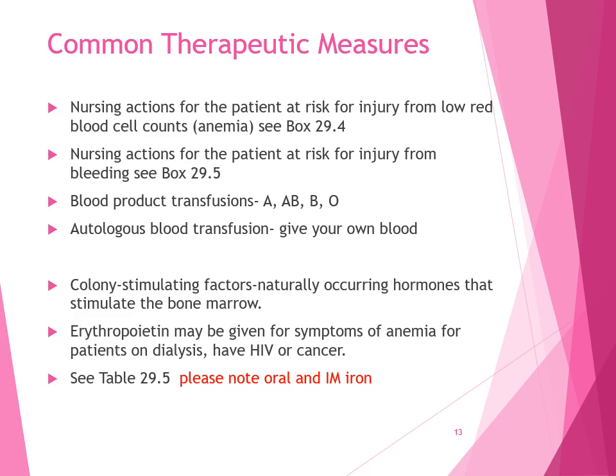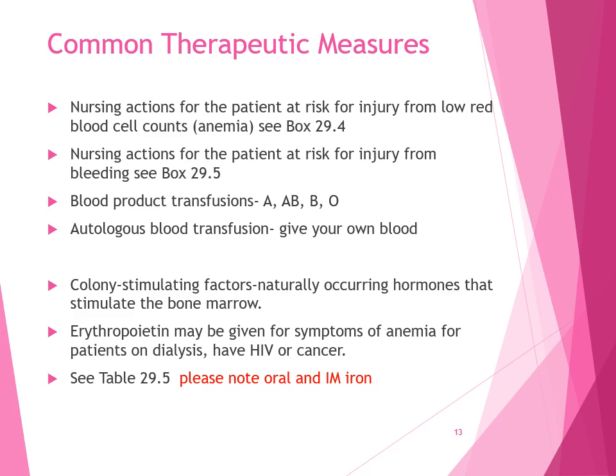I don't think that's where I wanted to take you, though. I wanted to take you, oh, I see, 29.5. I'm sorry, it's box 29.5. It's confusing because there's boxes and tables. So I'm sorry, box 29.5. Nursing actions for the patients at risk for injury from bleeding.